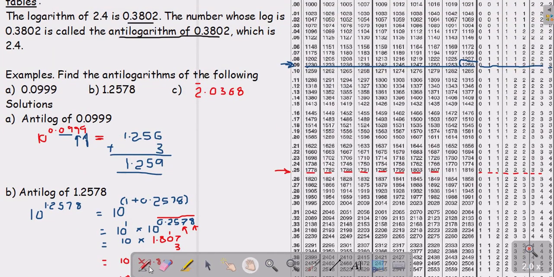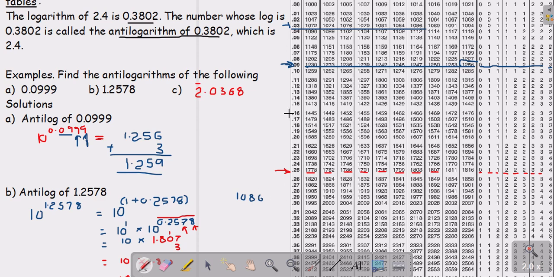On the 6th column you'll find that the digits are 1, 0, 8, 6.